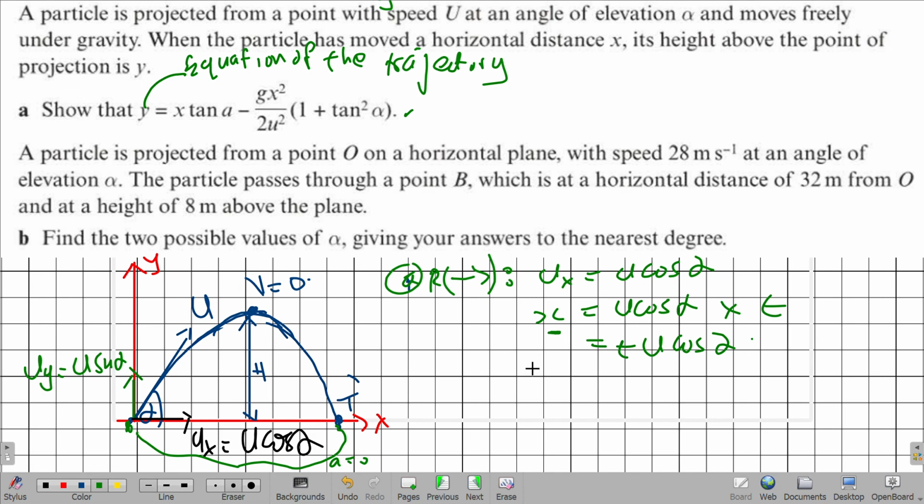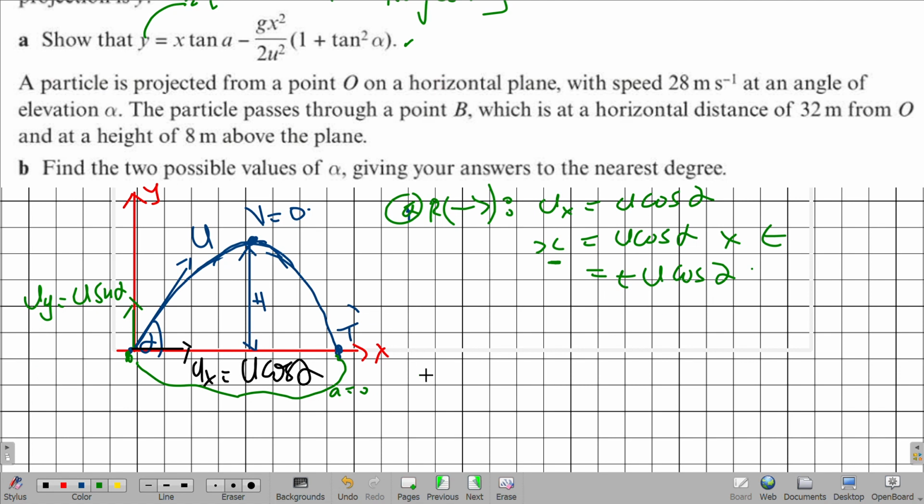We can also calculate the vertical displacement by using s equals ut plus half gt squared. Remember, we've got the initial vertical velocity, which is u sine alpha. So this is u sine alpha times t, minus, since g is negative, going down is negative, minus half gt squared. That is how this will look.